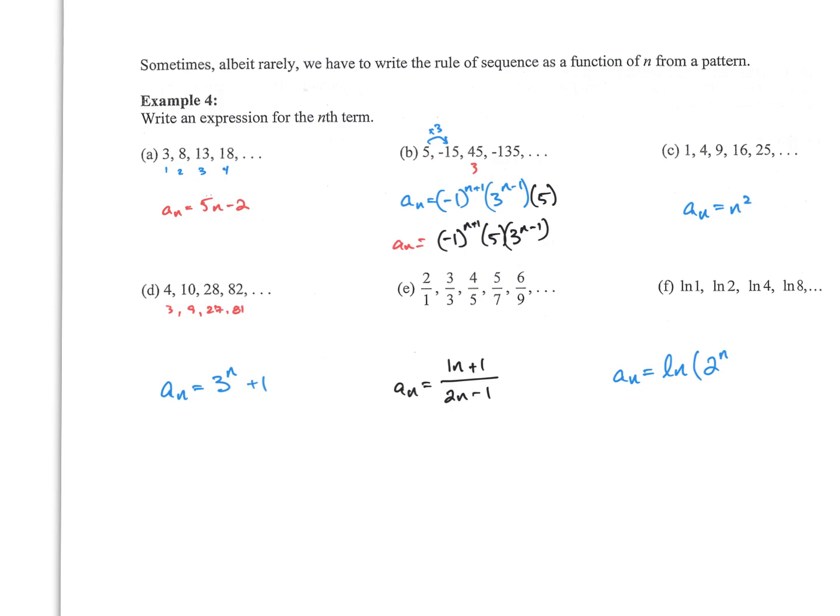Now, if I substitute in 1 right now, I should get natural log of 2. Well, that's my second term. I want it to be my first term. So what should we do with the exponent? I subtract 1 in the exponent. So I have 2 to the power of n minus 1. All right, see how that worked? Those are a little bit tricky, but you'll get it.